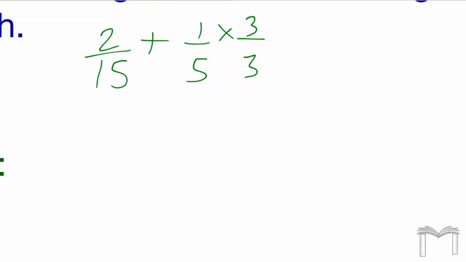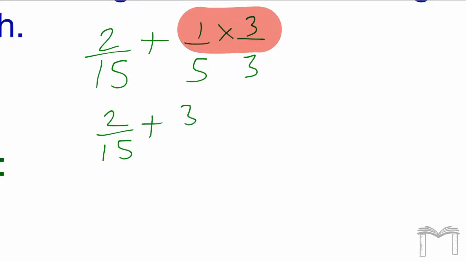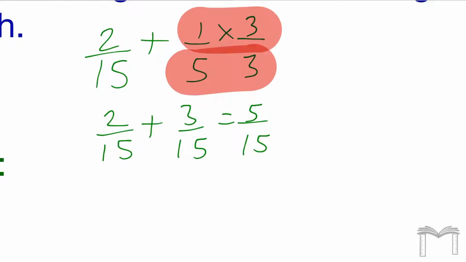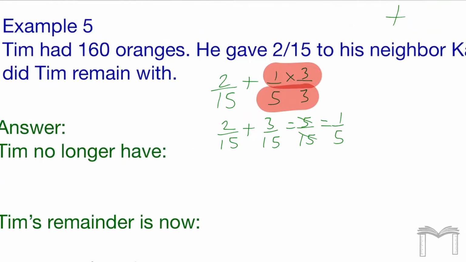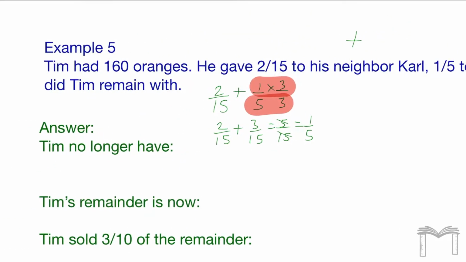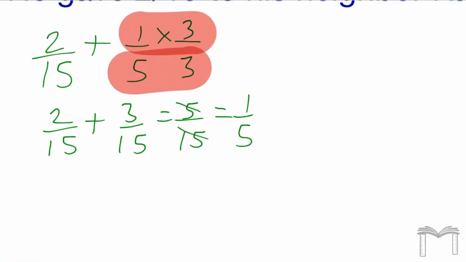So 2/15 plus 3/15. 2 plus 3 is 5, that's 5/15. Reducing this, 5 into 5 is 1, and 5 into 15 is 3. Mistake. Alright.